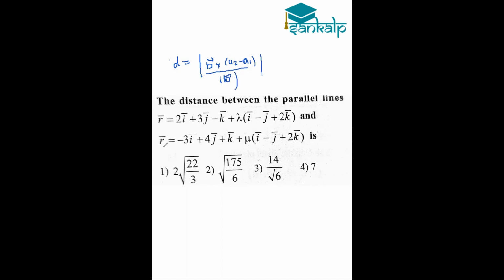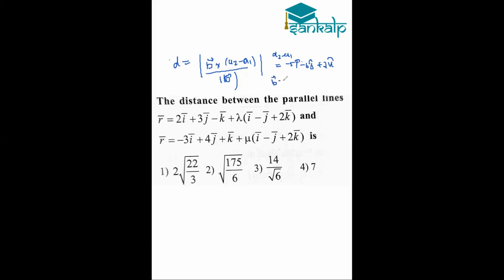So first we will be calculating a2 minus a1. On simplifying we get a2 minus a1 equal to -5i - 6j + 2k. Okay, so this will be the value of a2 minus a1, which we are obtaining by subtracting.